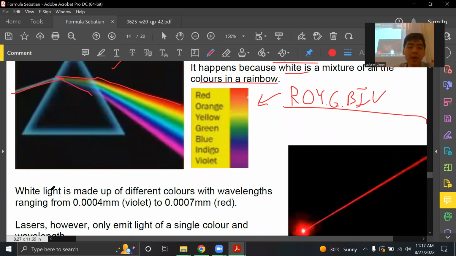And needless to say, white light is made of different colors with different wavelengths ranging from 0.004 mm to 0.007 mm here. Now, it is no coincidence that all your emergency colors are red in color, guys. If you think about it, stop signs, ambulance lights, traffic light stop lights or whatever, right? All of them are designed to be red in color. Why?